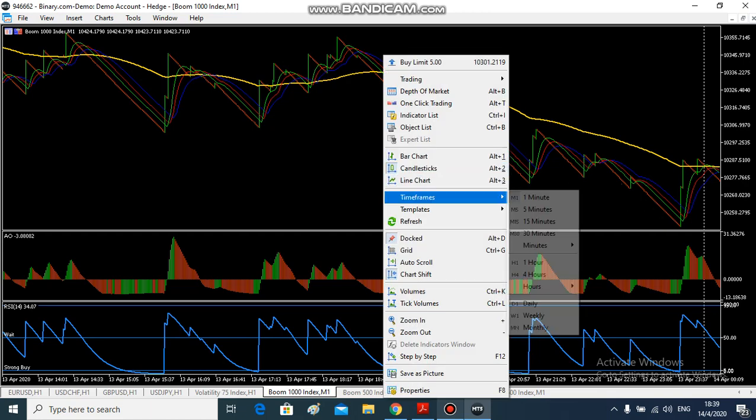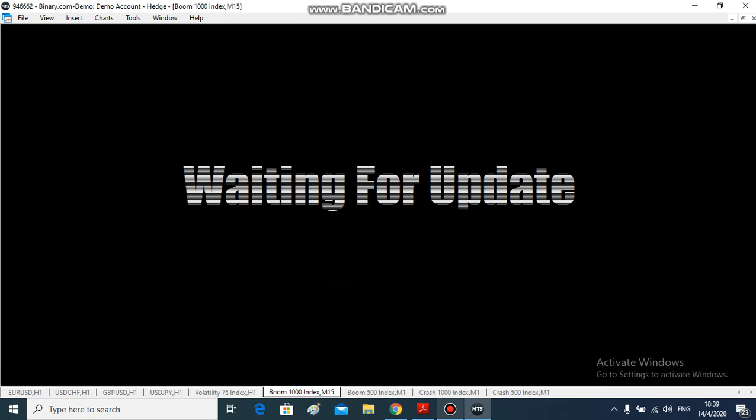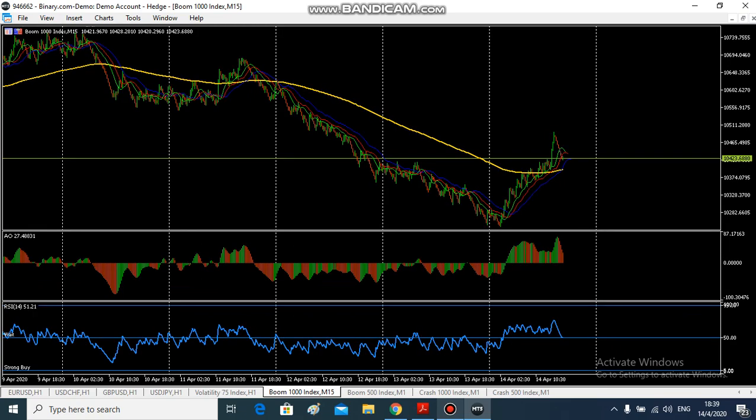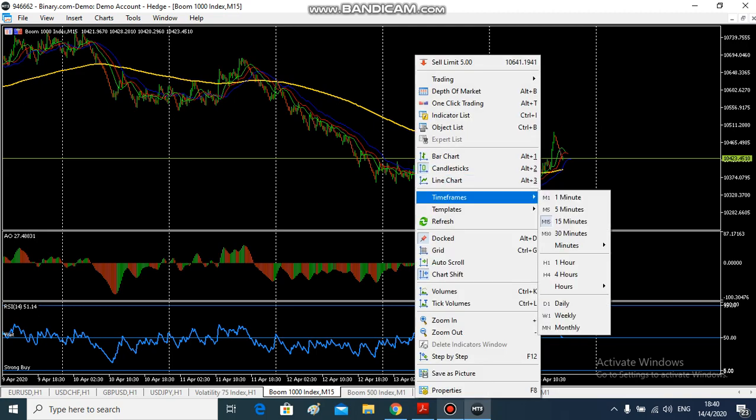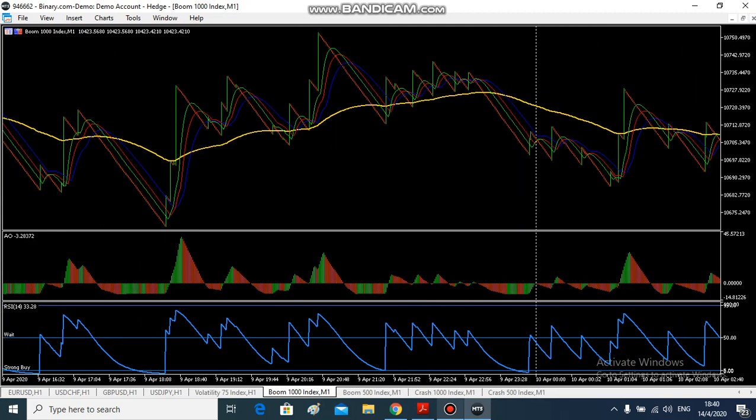First of all, we need to go to a 15-minute time frame to see where we are. Are we selling? As you can see, we're in a downtrend, and then another new uptrend has just begun. This is a reversal. I'm going to be using yesterday's specifics as the example.